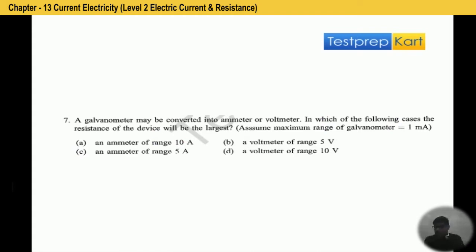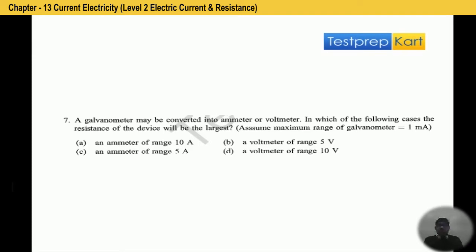Let's see the next question. Question number 7. A galvanometer may be converted into an ammeter or a voltmeter. In which of the following cases would the resistance of this device be largest?